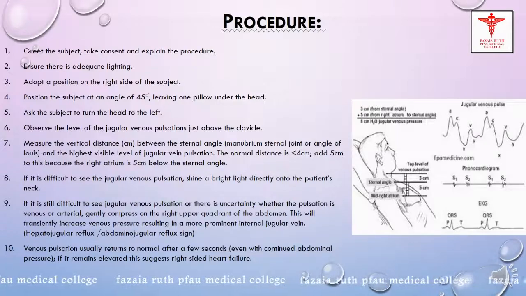And then suddenly you can see a deep X descent. You can call it X dash also, and this is because the valve which was bulging upwards is now coming downward. There's the downward movement of the tricuspid valve with the ventricular contraction. This causes a deep X descent, or you can say X dash.